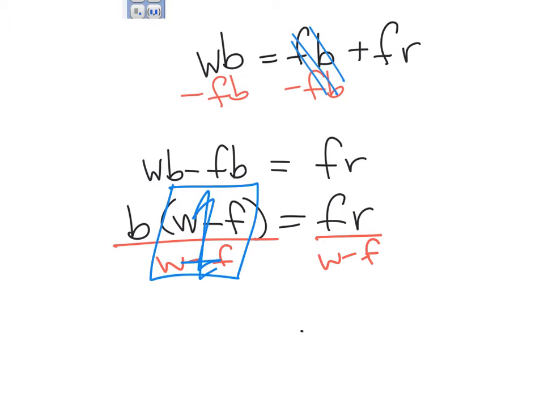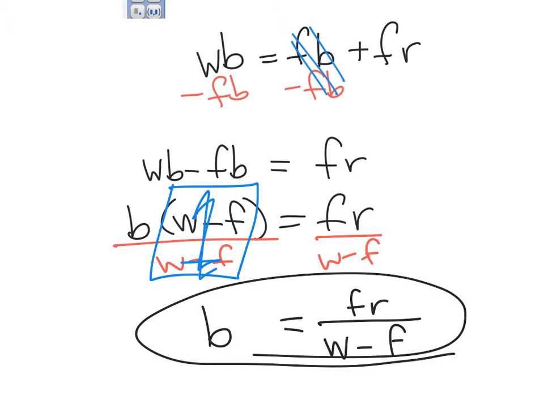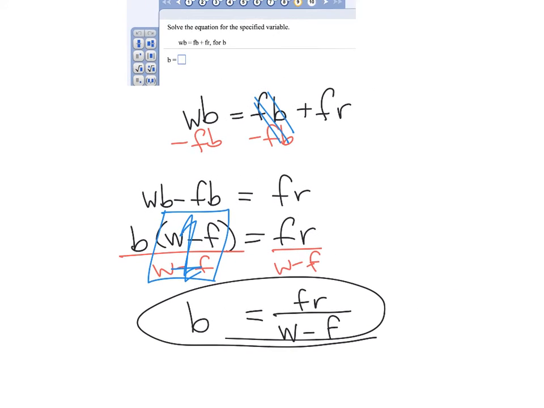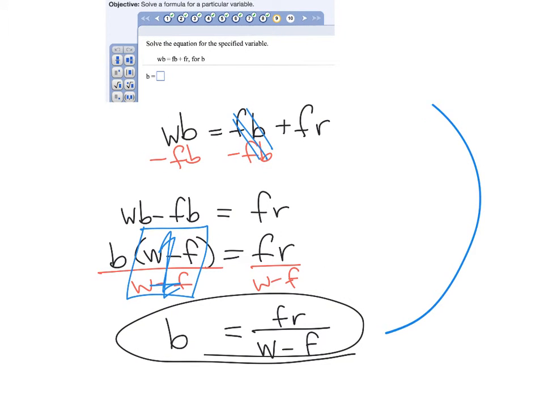So our left side is b. And our right side is fr over w minus f. And all of that is lowercase. And so that is going to be your answer for up there.